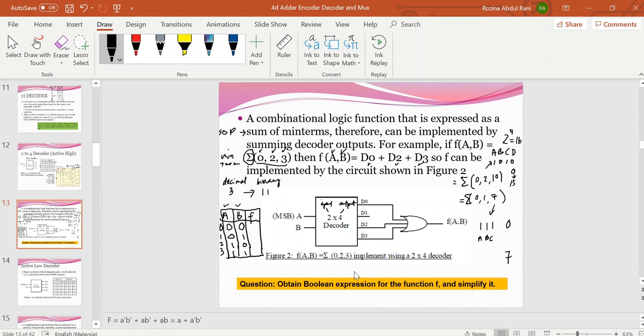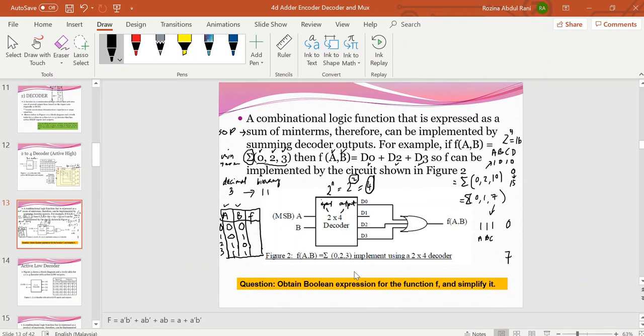If you follow this formula, 2 power of n, where n is the number of inputs, we have A and B, so 2 power of 2 is equal to 4. So you have 2 inputs and 4 outputs.